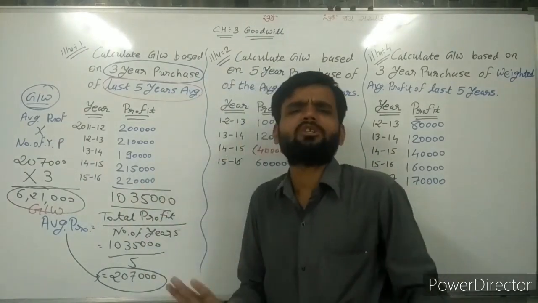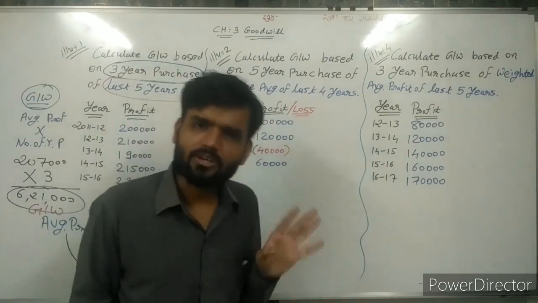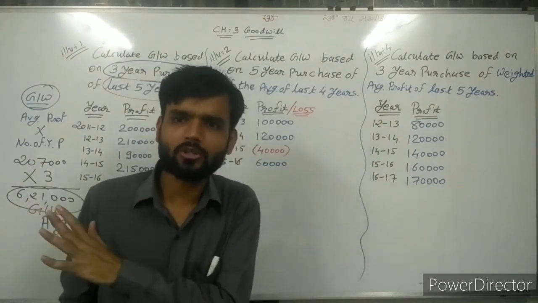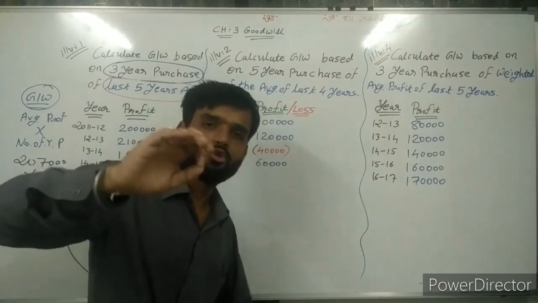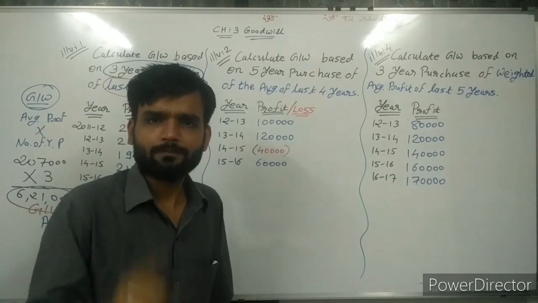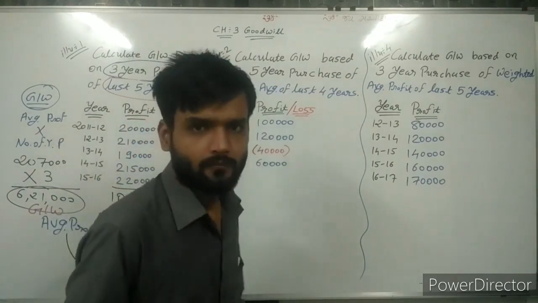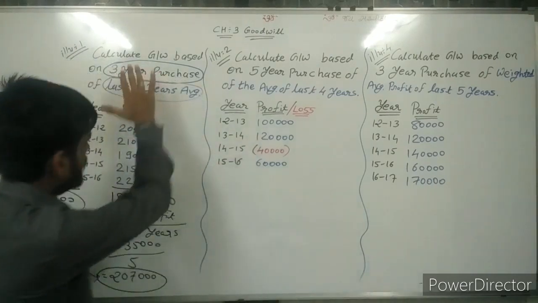Average profit is compulsory to find. It may be simple average or weighted average, but compulsorily we need to find it. In all the 4 methods, finding average profit is compulsory. So, the first sum is clear.